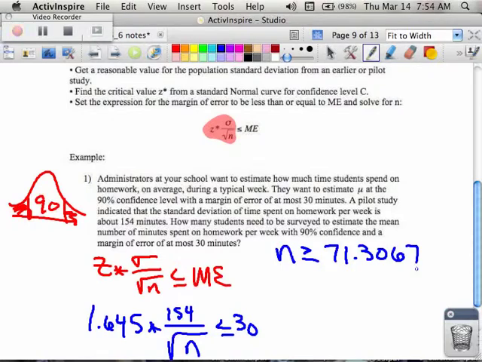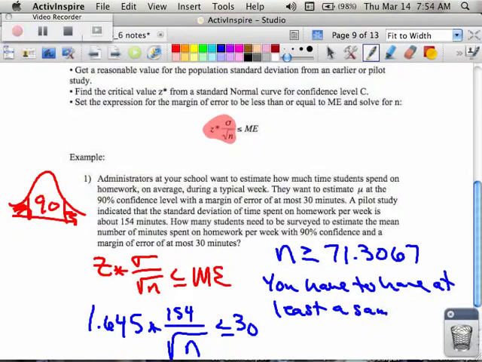And then when you put it in the context, you would have to have at least a sample of 72 students to estimate mu at the 90% confidence interval with a margin of error of at most 30 minutes for how much time students spend on their homework on average.